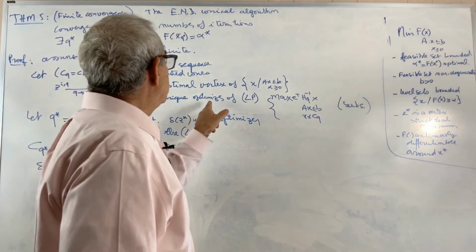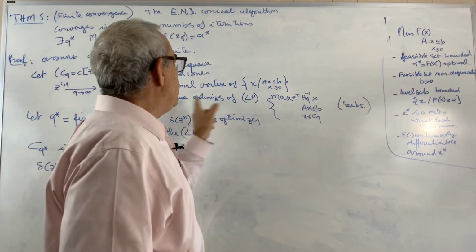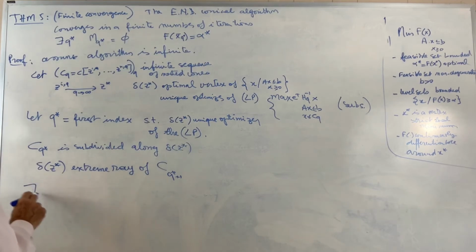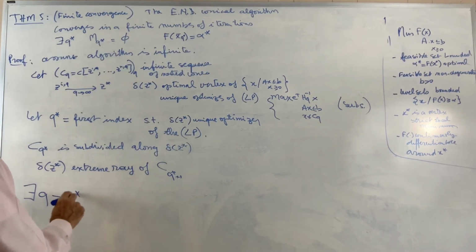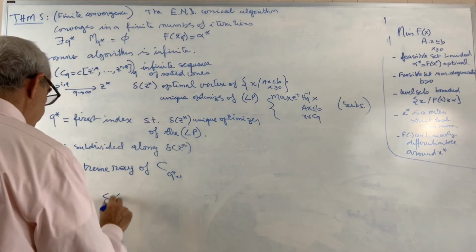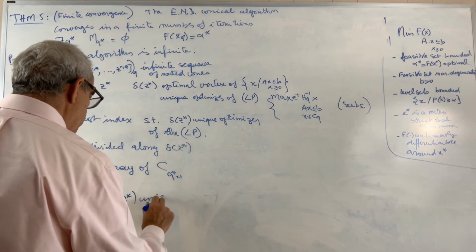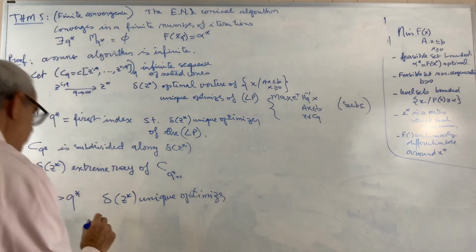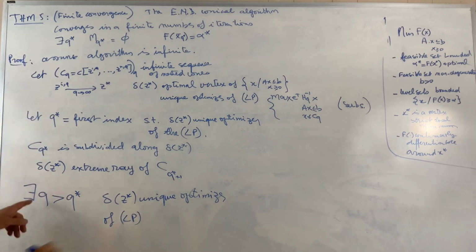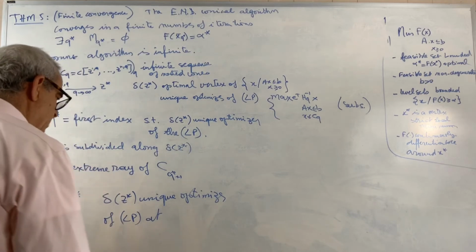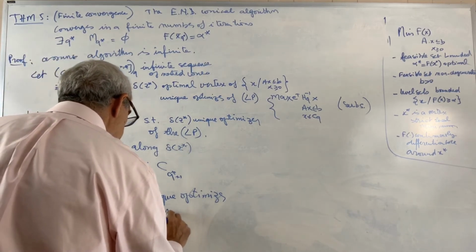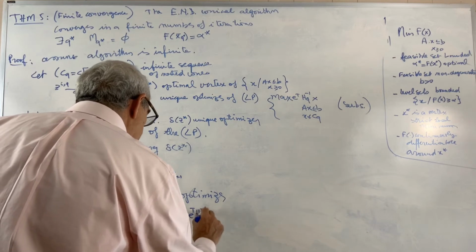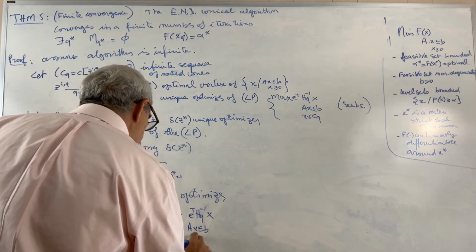So now, since this is for infinitely many Qs, delta of Z star is a unique optimizer, then there is a Q bigger than Q star such that delta of Z star is the unique optimizer of the following LP: maximize E transpose HQ minus 1 X subject to AX less or equal to B, X belonging to CQ.